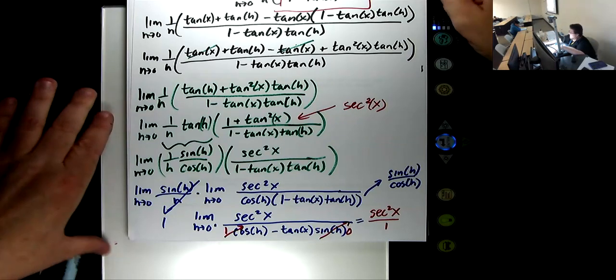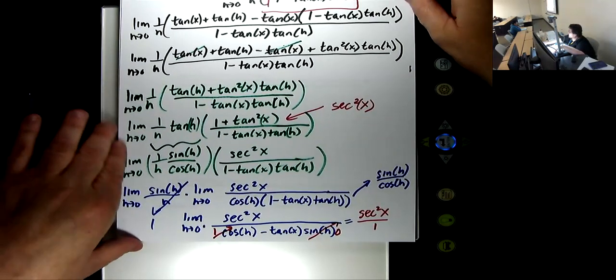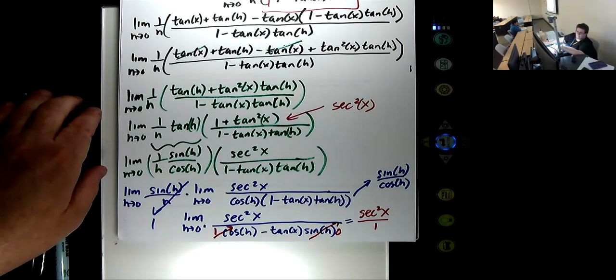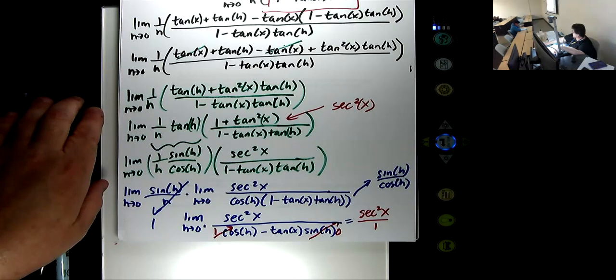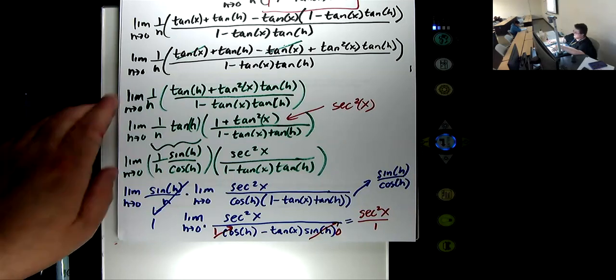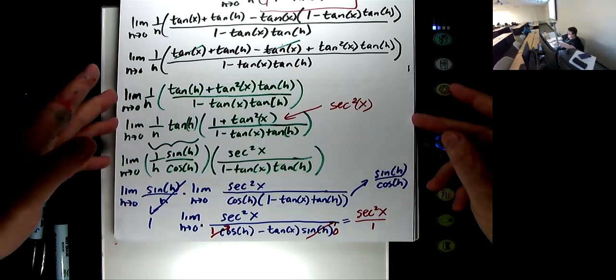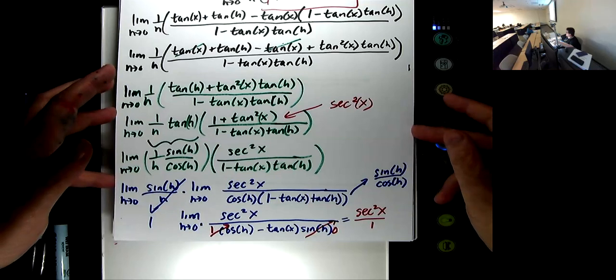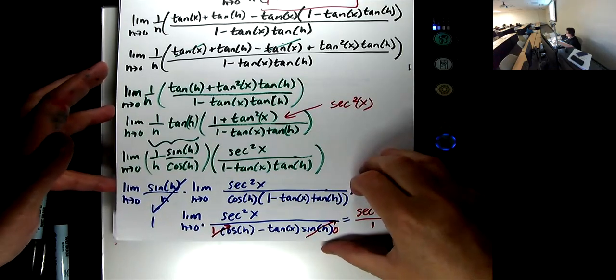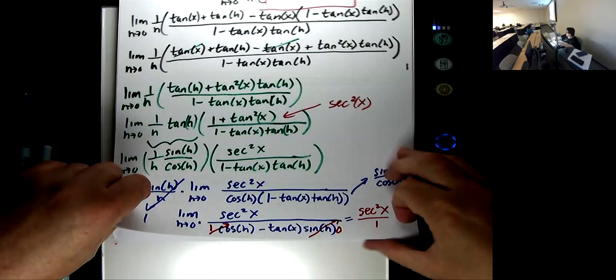There was a lot of time spent cleaning up these lines. This is probably the way to go if you're going to use limit as h goes to 0.